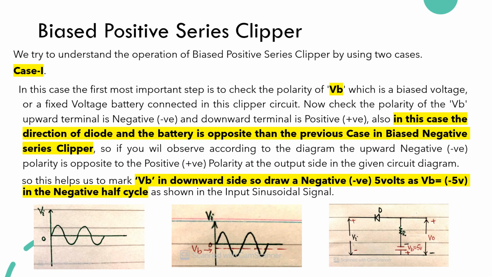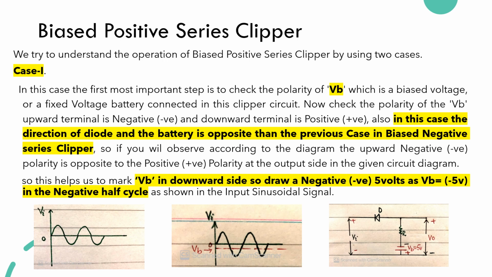Also in this case, the direction of the diode and the battery is opposite to the previous case of biased negative series clippers. According to the diagram, the upward negative polarity is opposite to the positive polarity at the output side. This is also one difference in this given circuit diagram.